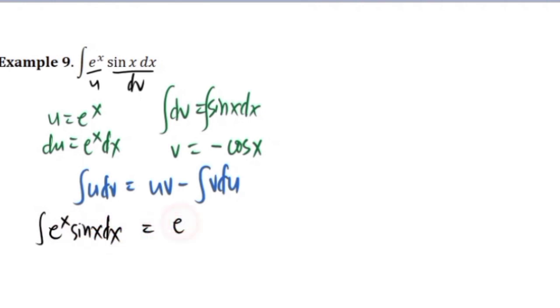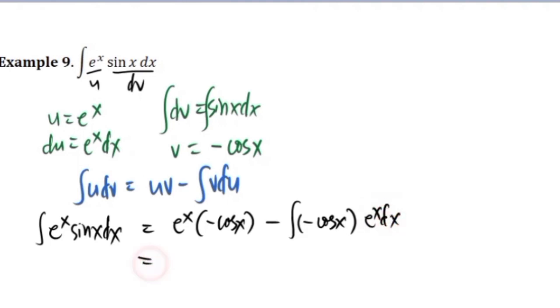So that's e to the x, your v is negative cosine x, minus the integral of v du, so that's negative cosine x, and your du is e to the x dx. So this is equal to negative e to the x cosine x plus the integral of e to the x cosine x dx.